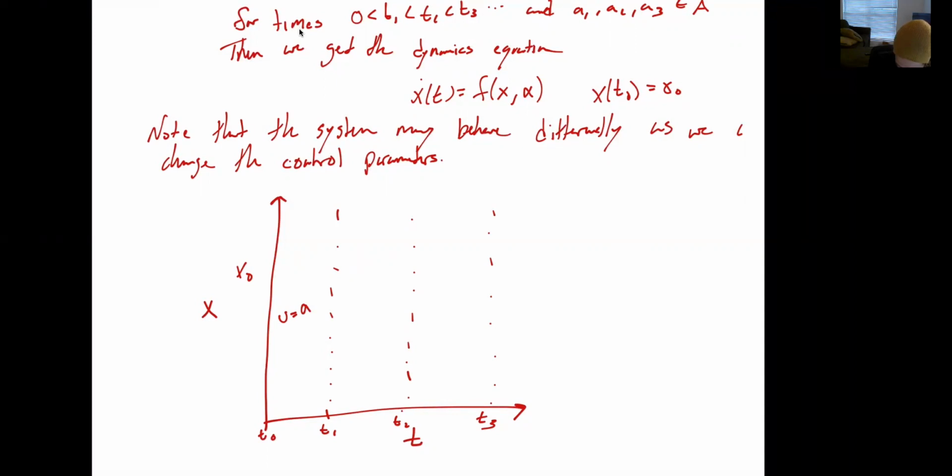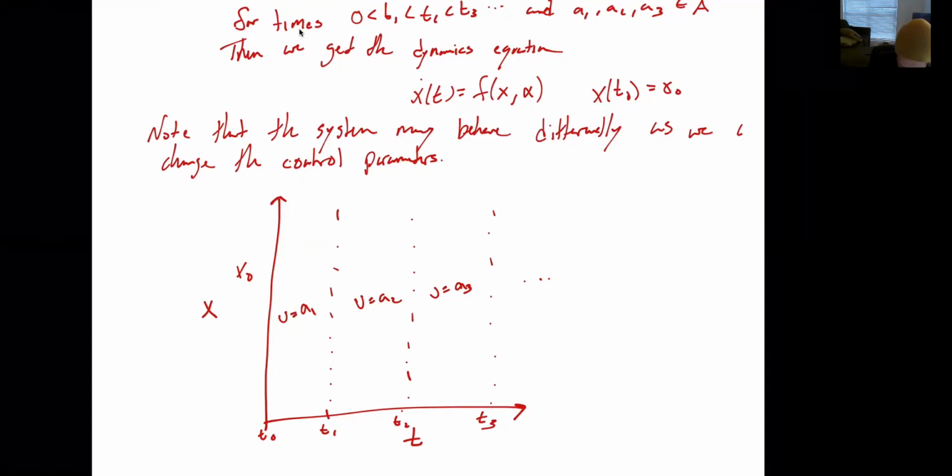This will be u is equal to a2, u is equal to a3, and so on. All right, where u again is the input into our system, and alpha takes different values, A1, A2, A3, in between different intervals of time. Great.